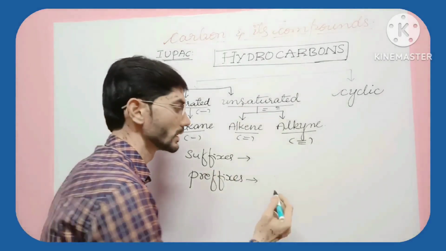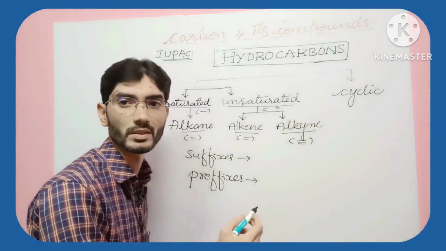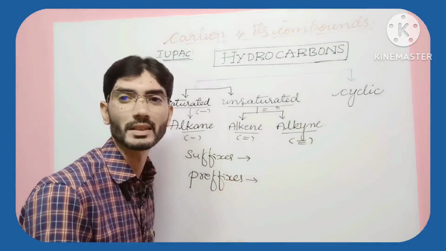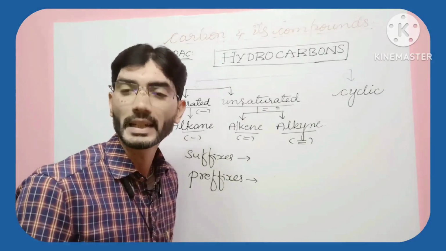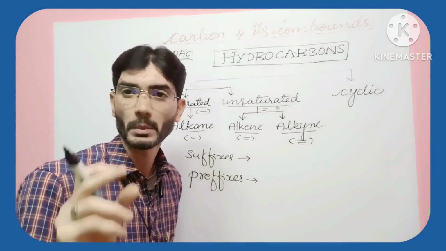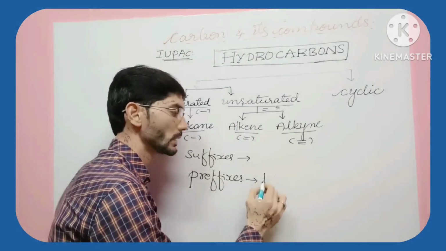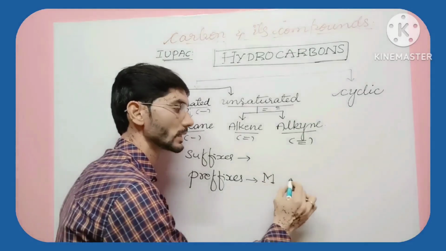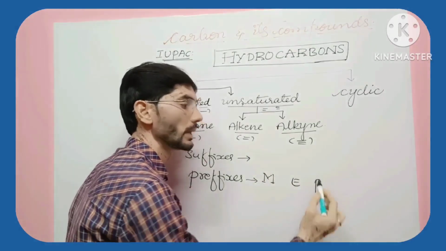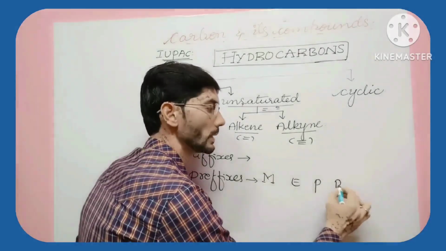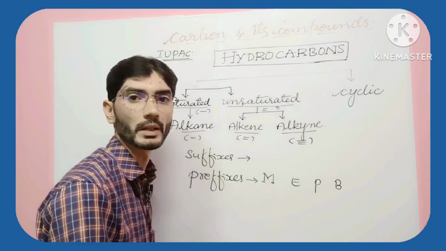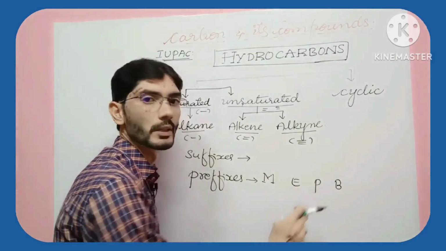Prefixes. See here. To remember the prefixes, there is one common sentence: Monkey ate peeled banana. Remember, monkey ate peeled banana. Monkey means M, ate means E, peeled means P, banana means B. M, E, P, B. Got it?